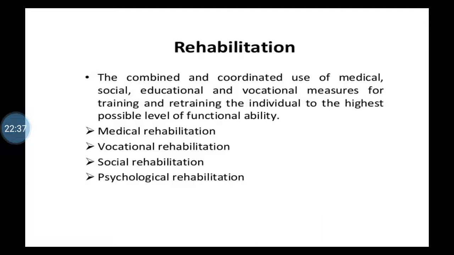Now, the combined and coordinated use of medical, social, educational, and vocational measures for training and retraining the individual to the highest possible level of functional ability. So that is the aim of rehabilitation, that is punarvasan. Now, how is rehabilitation done?